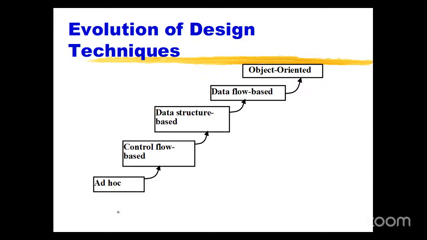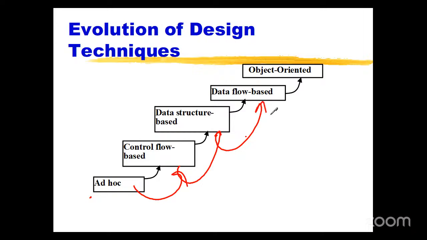So initially we had ad hoc, that is, wherever we had a problem, we chose that problem and gave the solution. Then came control flow based structures, where we used control based structure for the entire programs. If we had any issues with these control programs, then we came to data structure based techniques. Then we found a few problems in data structure based techniques as well, and then we came to data flow based.